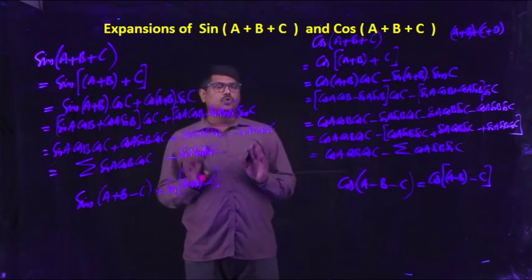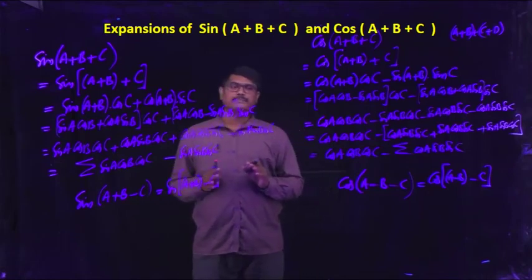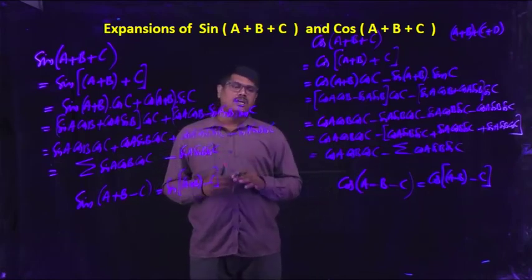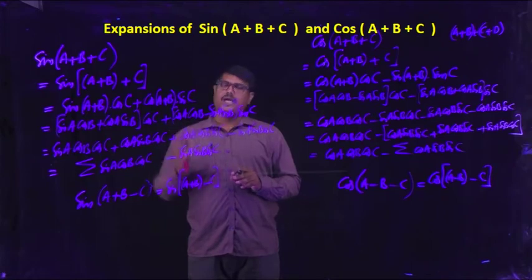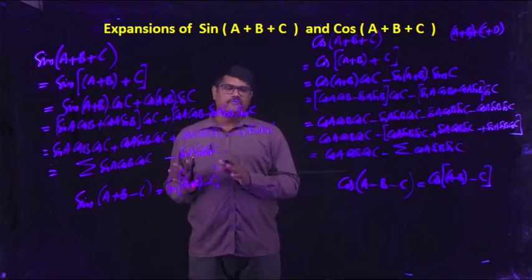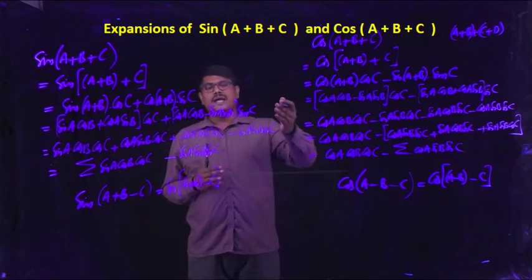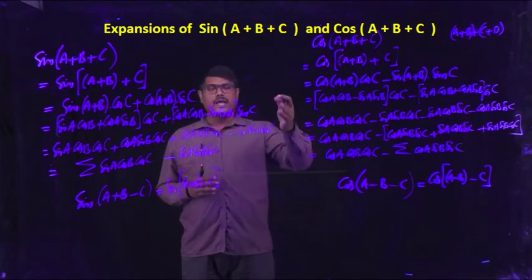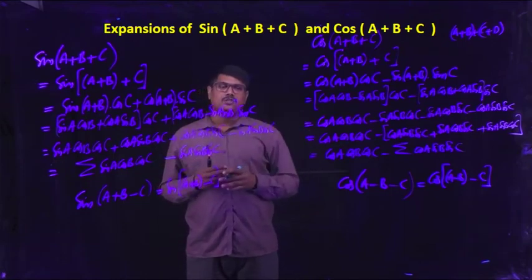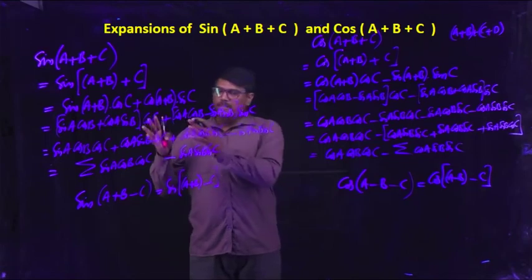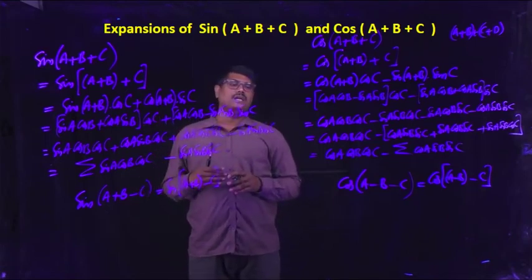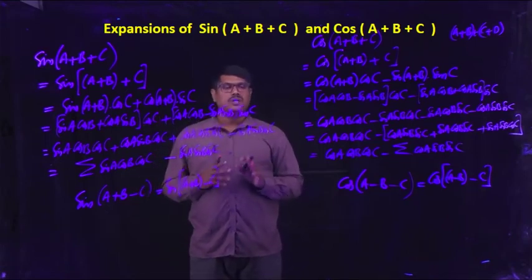So these 2 expansions indicate that after knowing the compound angle formulas for 2 angles, it is enough. For more than 2 angles, 3 angles, 4 angles, you can expand those trigonometric ratios by using the compound angle formulas for 2 angles. You have to remember that point.